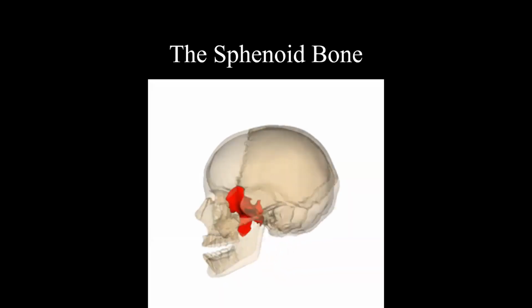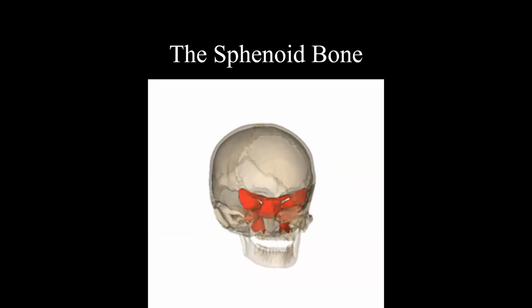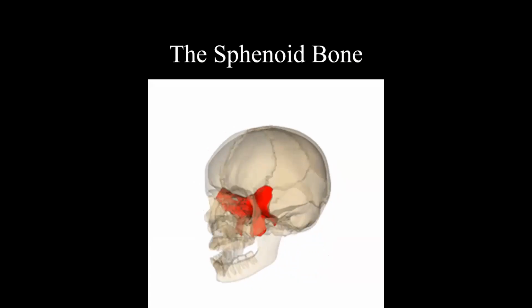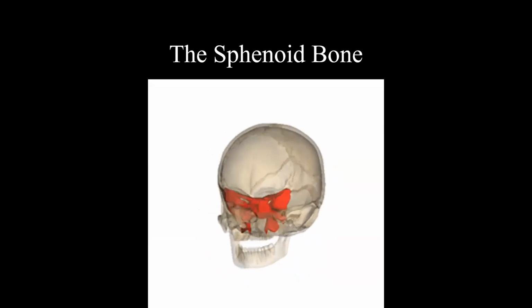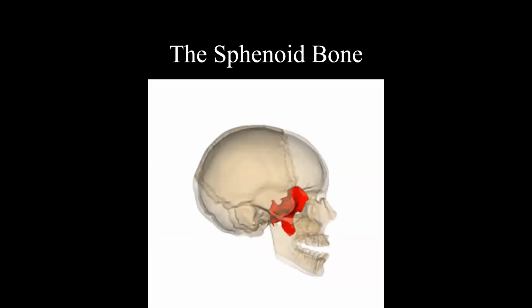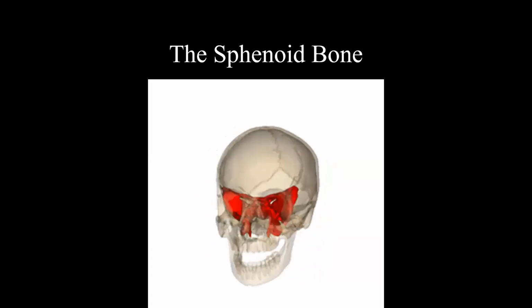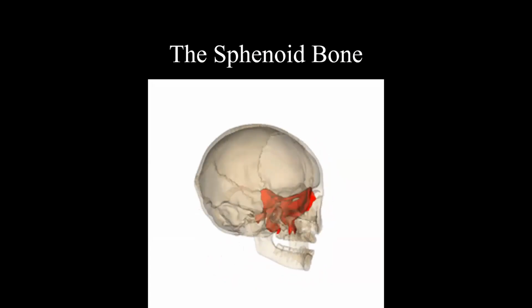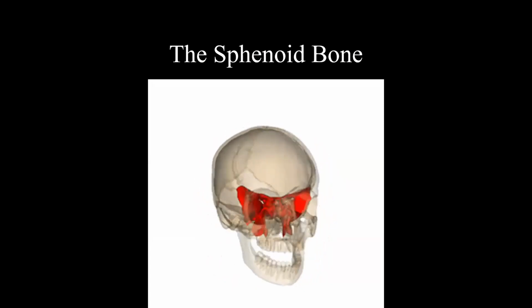Okay. So let's take a look inside now. We looked at just about everything we can see on the outside. Let's take a look internally, the internal workings of the skull. Sphenoid bone, large bone, extends from side to side.